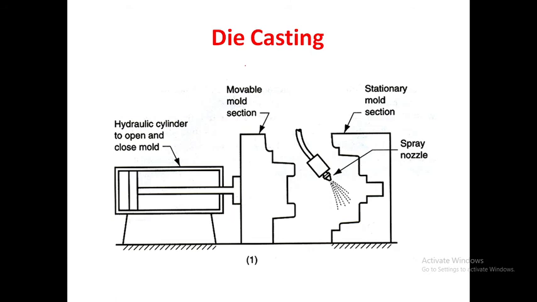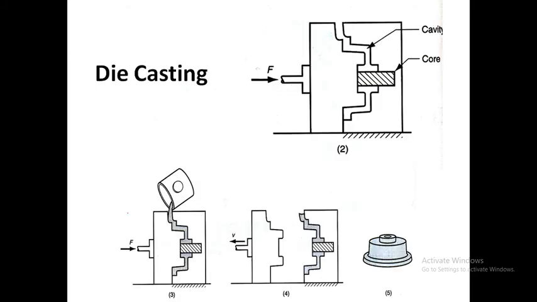Okay, so here we can see that the molten metal is forced into a permanent metallic mold under moderate to high pressure and held under pressure during solidification.